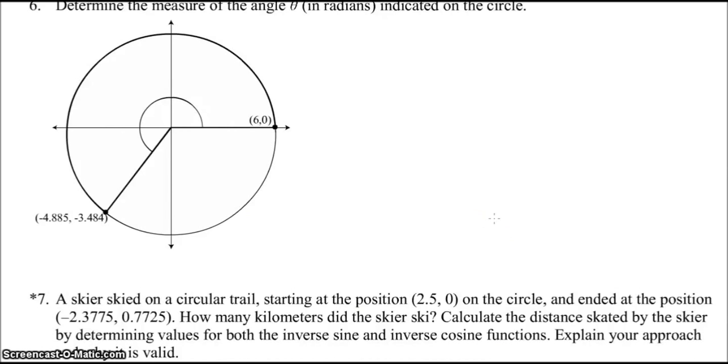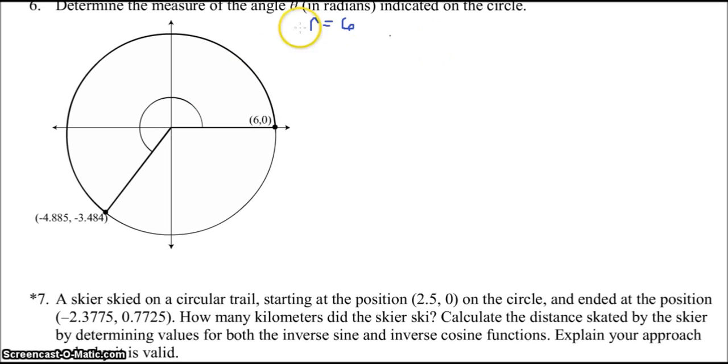Number 6. Determine the measure of the angle theta in radians indicated on the circle. Alright, let's see. There's lots of different ways to do this. I noticed a couple things that may be important. From this point we can see the radius of the circle is 6.